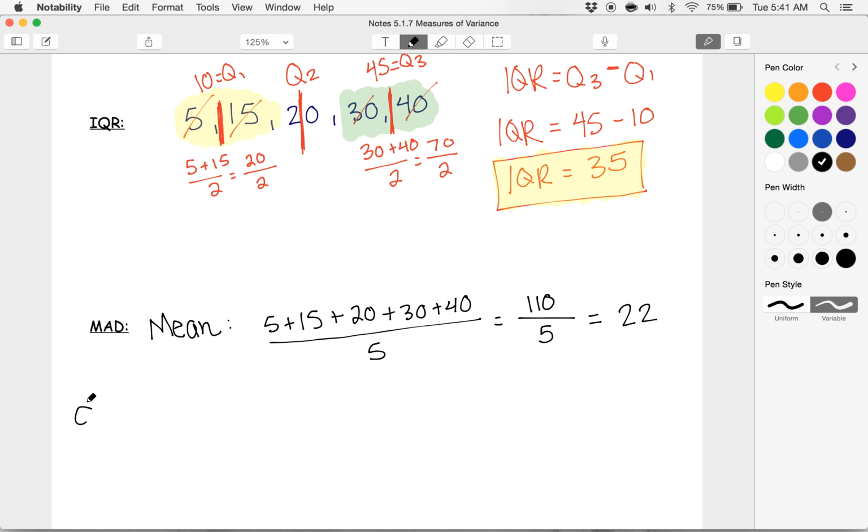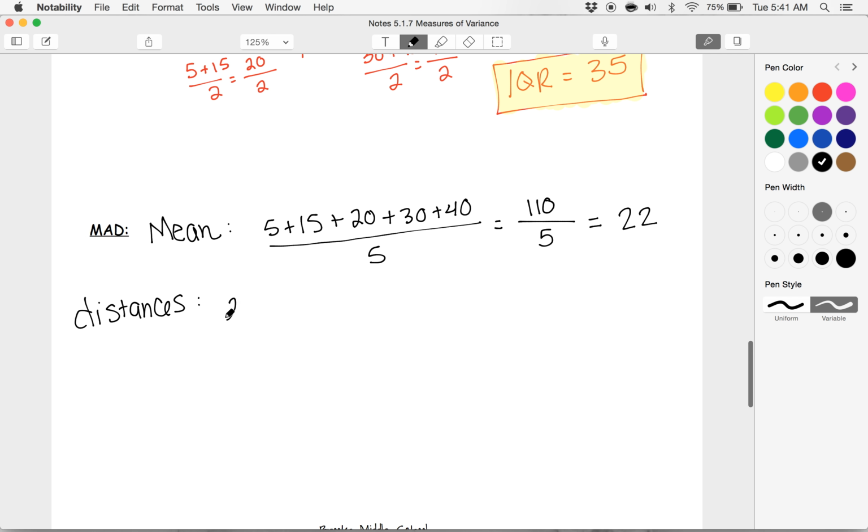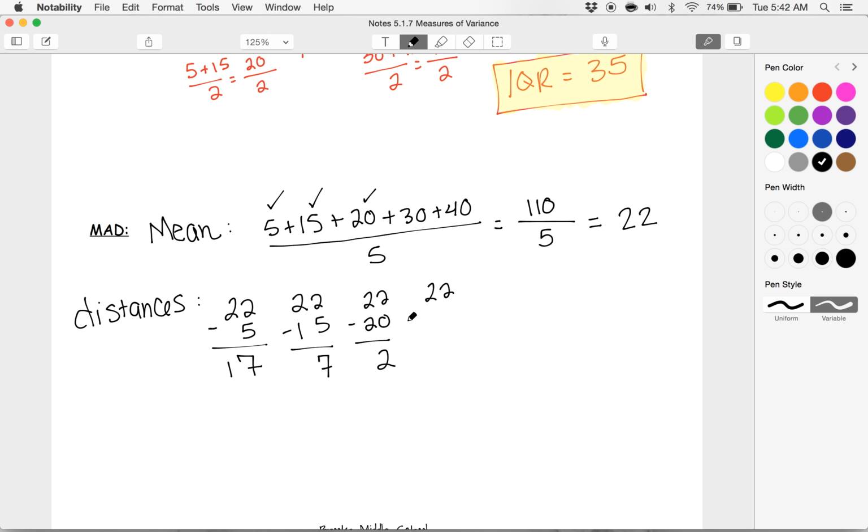Next, I'm going to find all my distances. So I'm going to take my mean, 22, minus 5. We're going to get 17. 22 minus 15, we're going to get 7. 22 minus 20 gives us 2. 22 minus 30.